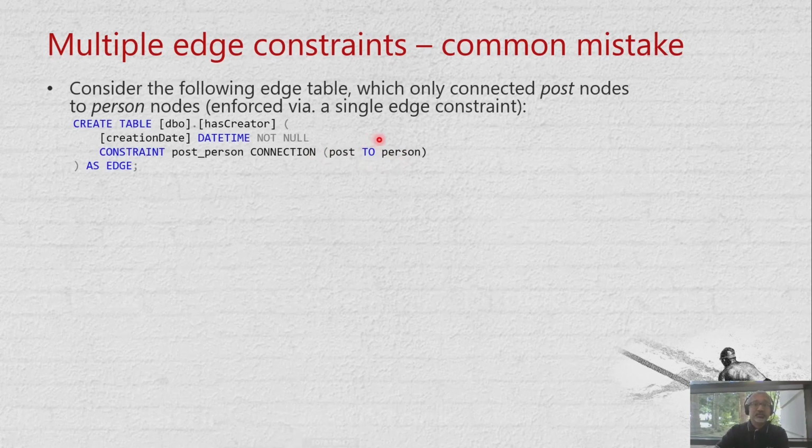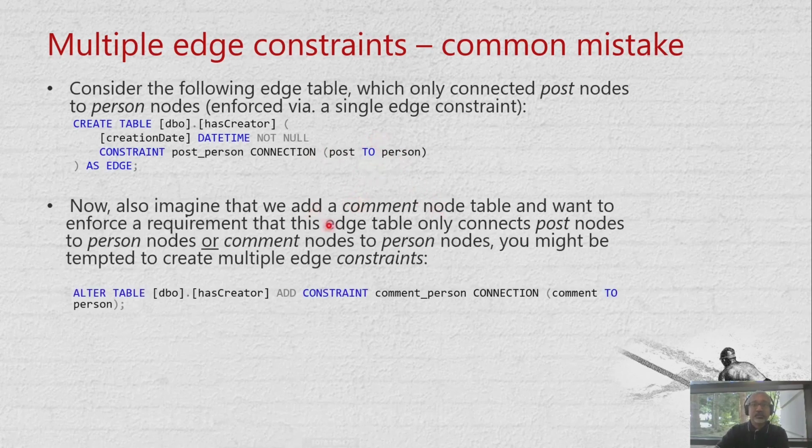Now as the graph evolves, let's say you add a comment table which is a node table, and that comment table has more attributes or whatever, and now you want to have the same edge which is has creator also connect comments to person. So you would do that typically by saying, hey, let's add an edge constraint. This is the first reaction that you would have. You'd say, let's add an edge constraint to the has creator table which allows comments to be connected to persons.